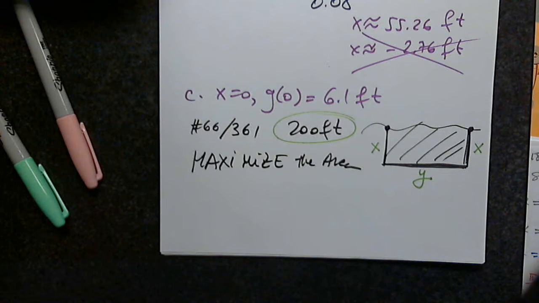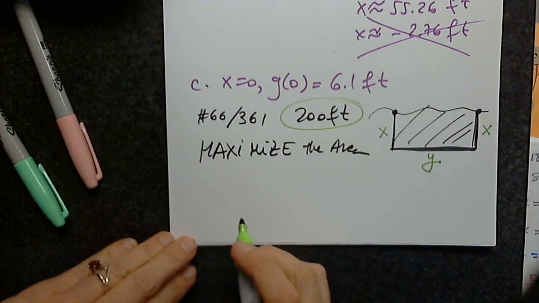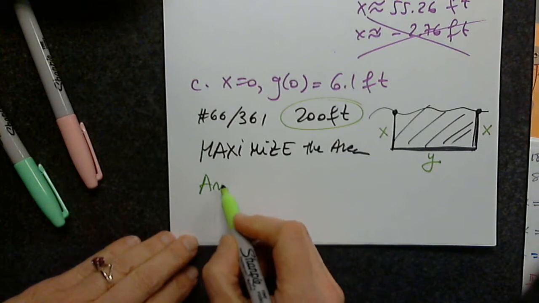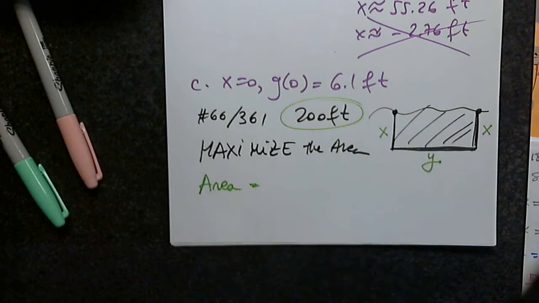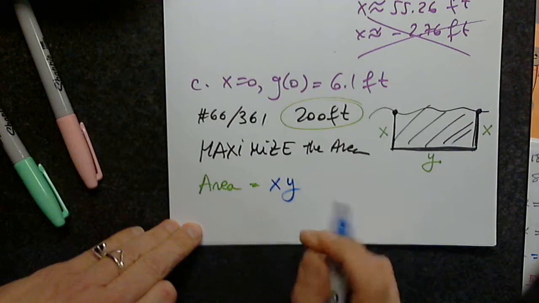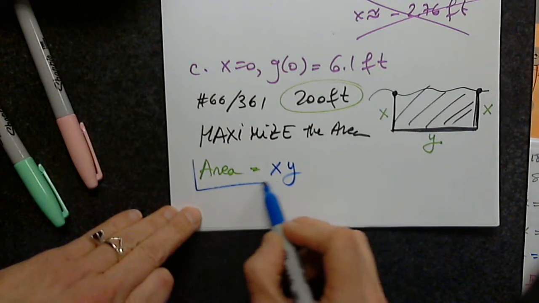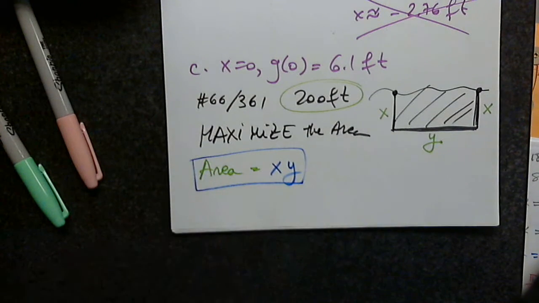But I don't have it. So my starting point is where once again? At the area. So I denoted the length by x and the width by y. How do I write the area for this garden? Very good, awesome. So for now, leave it alone. This is what I am trying to find the maximum for.